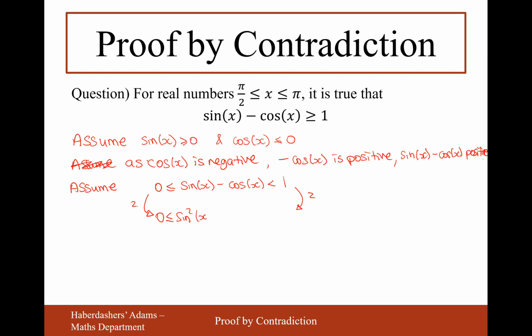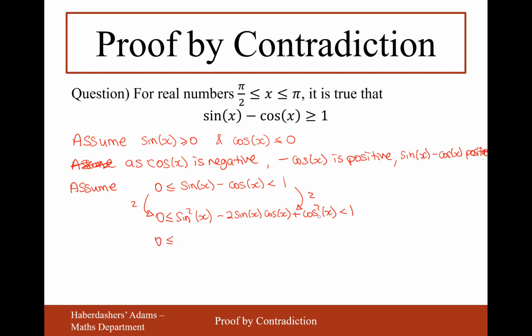Sine squared x minus 2 sine x cos x plus cos squared is less than 1. 1 squared is 1, that's why the 1 doesn't change. 0 squared is 0, that's why the 0 doesn't change.